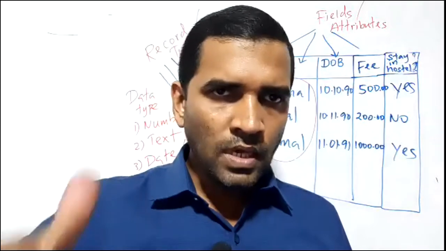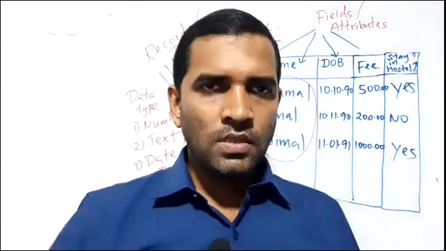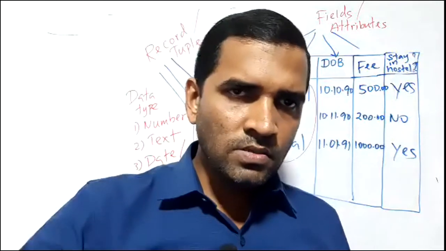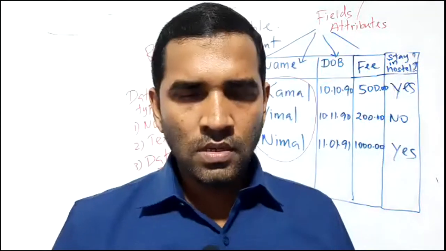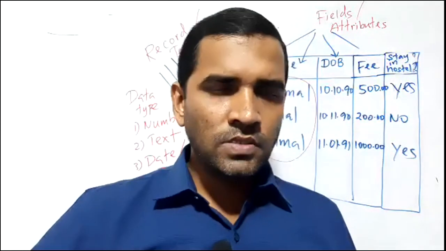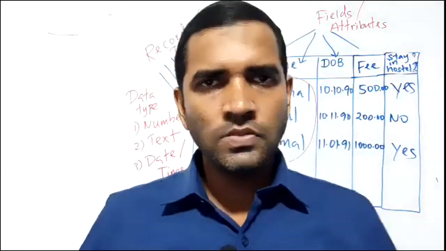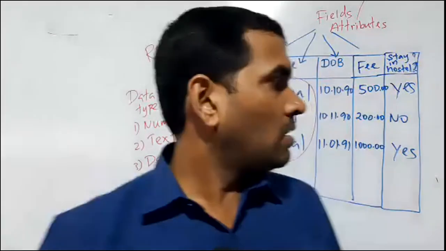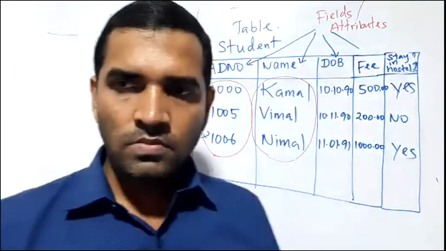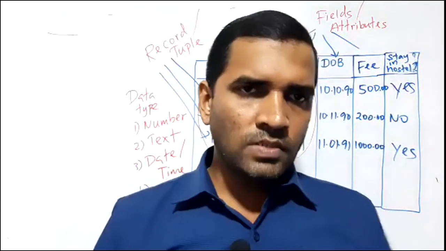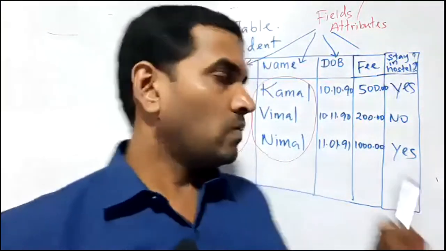That data may exist only in text. The data may exist in text and number format. Sometimes the data exists in text, number, symbol. Anything is called text. Okay, right. The next would be what?